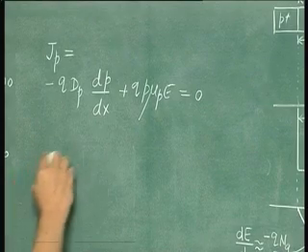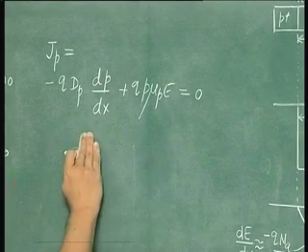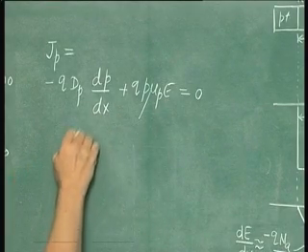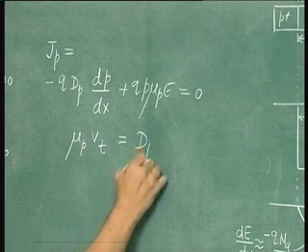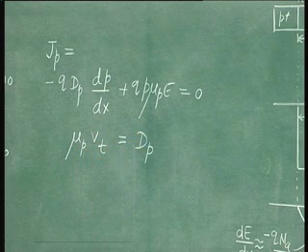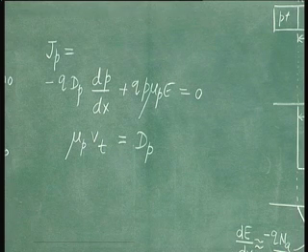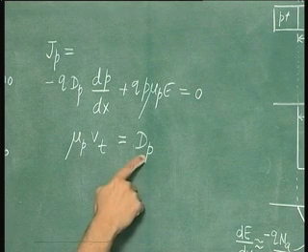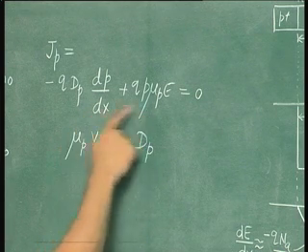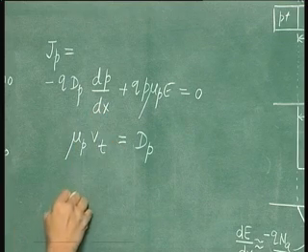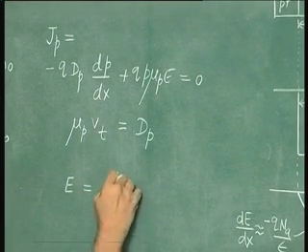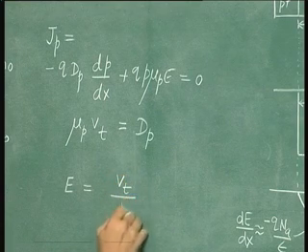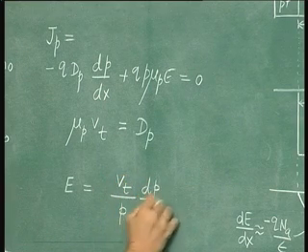Now, let us rearrange this equation. We use the fact that mu p into Vt is equal to Dp. This is the Einstein relation. If you use this fact, then you can rewrite this expression as follows. The electric field is given by Vt by p, dp upon dx.